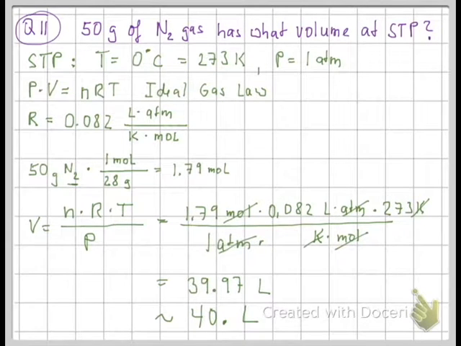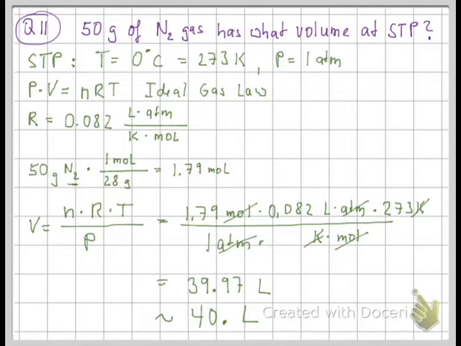So we have the mass of a gas, which is the molar mass, and we also have the volume that 1 mole of gas has. 1 mole of any gas is 22.4 liters at standard temperature and pressure, not standard ambient temperature and pressure.